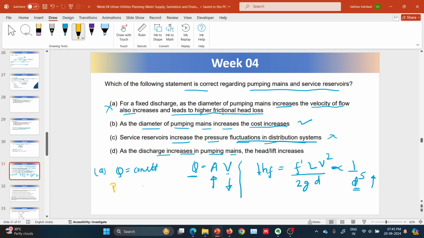If I use pump one and pump two in parallel, the discharge will be Q1 plus Q2. But the head will not be H1 plus H2. Head will be H1 equals H2, provided they have the same head. So as the discharge increases, the head lift does not increase. So the answer is C.